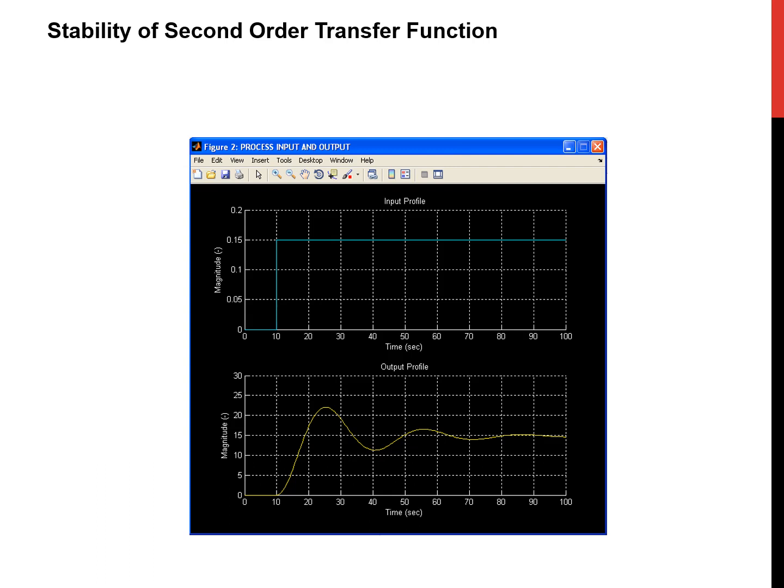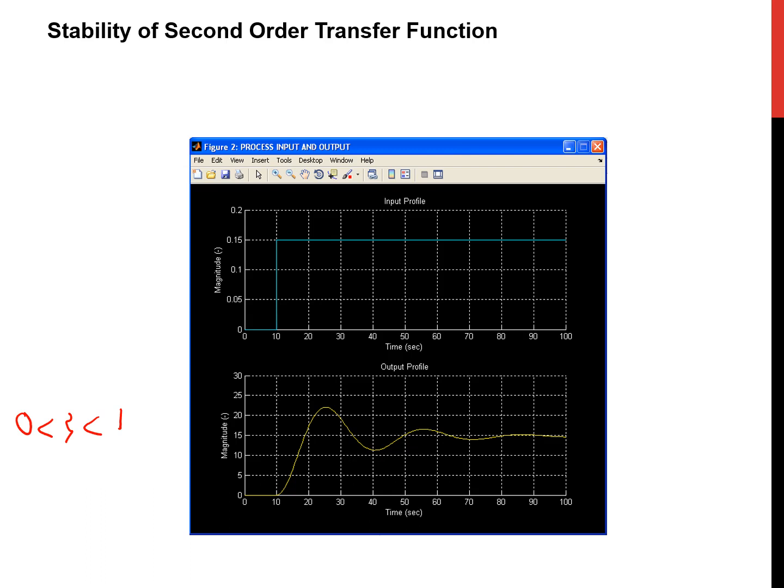That means it will steadily increase and then reach the final value. For the underdamped, you will have a response like this, where the damping is between 0 and 1. The damping cannot be negative, so the value must be between 0 and 1. So for the second order, you will have oscillation.